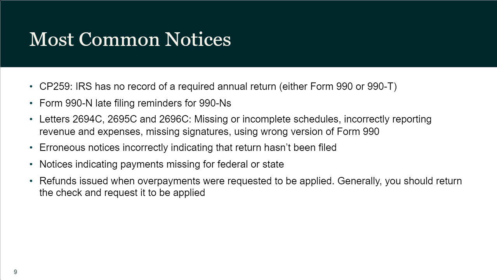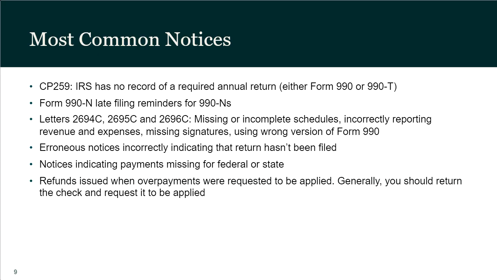We're also seeing the IRS issuing refunds when the overpayments were requested to be applied to the next year. So the 990-Ts, for example, those that file those types of tax returns, this is to report your unrelated business income tax activity. What we're seeing is the IRS is just issuing a refund. It's like, no, we asked you to apply it, please apply it. So a lot of the time what we recommend is just don't cash the check.